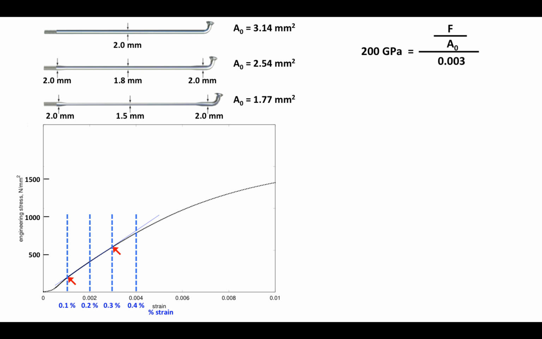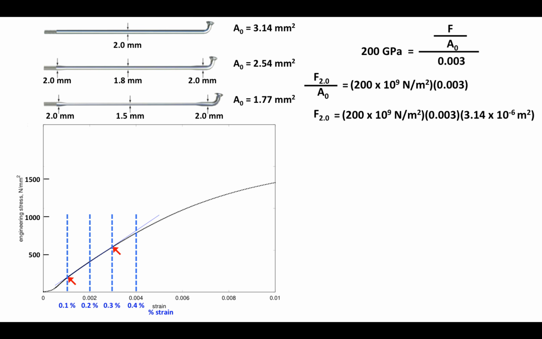So let me work the first one out for you in the case of the force with the 2mm spoke. Remember that a Pascal is a Newton per square meter, so when I rearrange that, I get that the force on the 2mm spoke divided by its unit cross-sectional area is equal to 200 times 10 to the 9th newtons per square meter times 0.003.